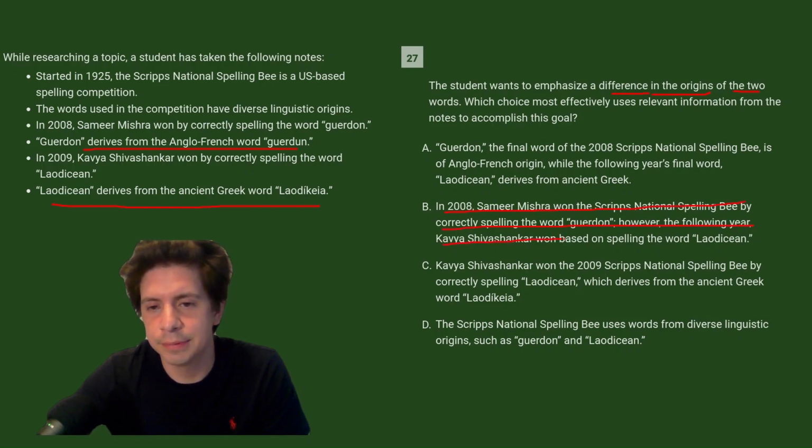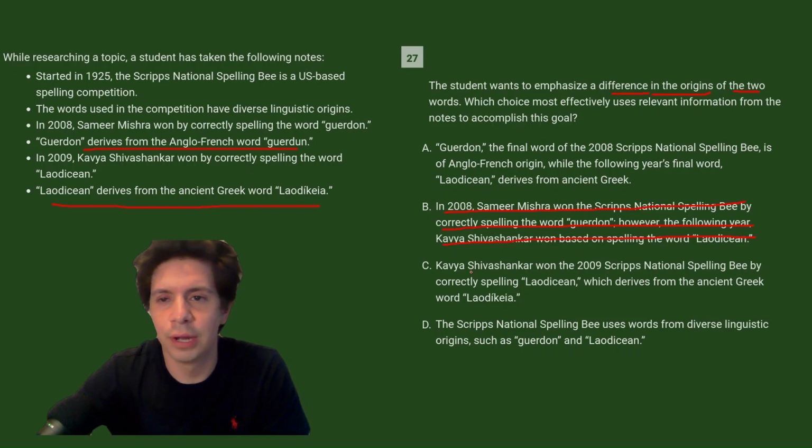So you really want to keep focused on what the question's asking for. C. Kavya Shivashankar won the 2009 Scripps National Spelling Bee by correctly spelling Laodicean, which derives from the ancient Greek word Laodikeia. That only gives us one of them, not the difference in the origins of two of them. So A is still the better option. And then D. The Scripps National Spelling Bee uses words from diverse linguistic origins, such as guerdon.